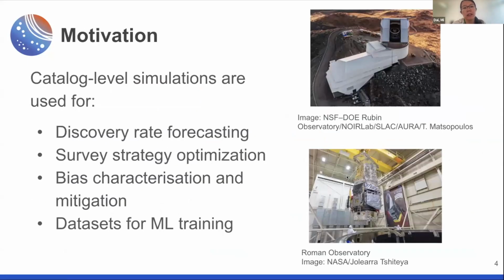The motivation behind developing this software is that this kind of catalog level simulations are very useful for a variety of things, like forecasting the discovery rate of different transients and variables, optimizing survey strategy, characterizing biases, and mitigation of these biases in various depths of analysis.